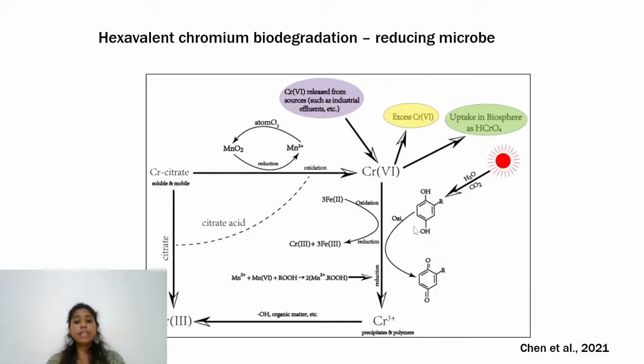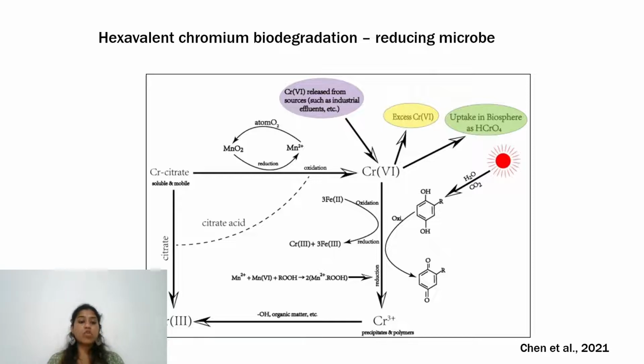So here as well, we can see that oxidation reduction is the main process, and there are several enzymes that are required in each of these processes, where chromium is taken in from these different sources, and they are converted into various intermediate products, and so on.